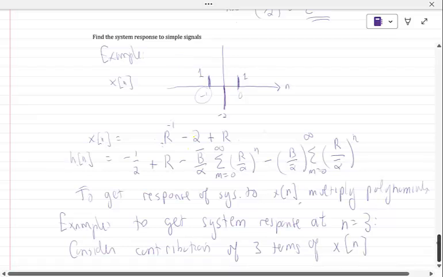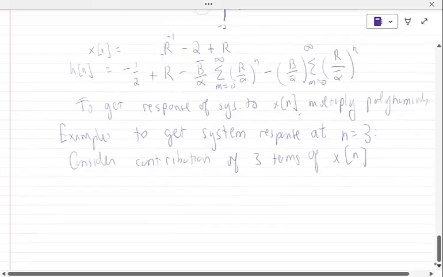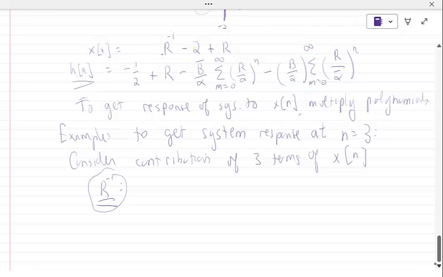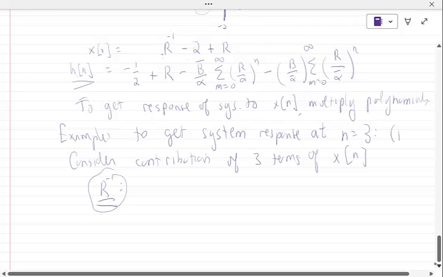First of all, we have the R inverse term. What is the R inverse term going to do? It's going to affect the H terms with R to the 4th and pull them back to produce an R cubed term. So I multiply R inverse by the R to the 4th term, and I get an R cubed term. So this is going to give me the sum of R to the 4th terms in H of n.